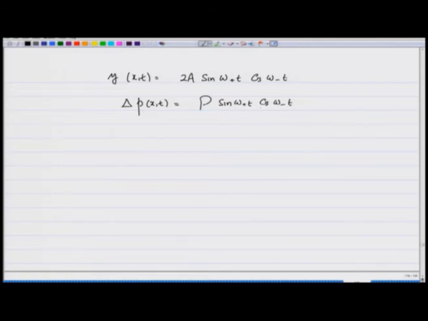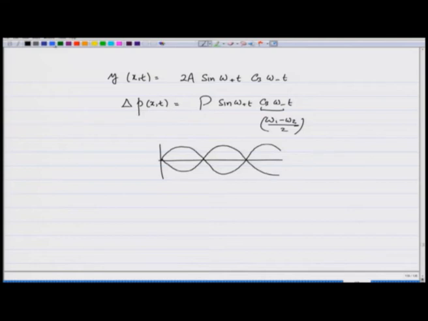This frequency is (omega 1 minus omega 2) divided by 2. So the pressure difference is going to be large, small again, large, small again, but you are going to hear a loud sound at this point where I am drawing a vertical blue line, and this difference is twice the frequency itself. This is half.